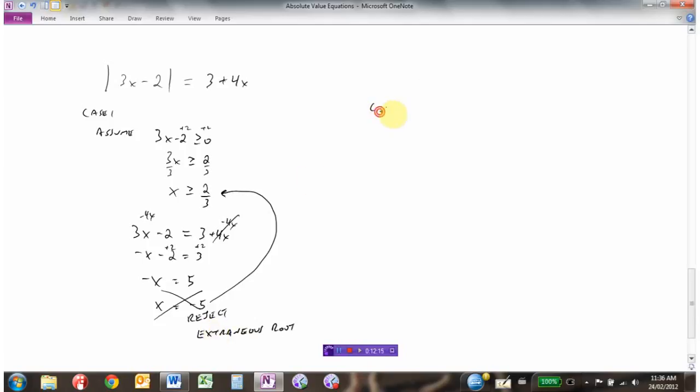Let's look at a second case here. Now we're going to assume that what was in the absolute value sign, 3x minus 2, is less than 0. So we will add 2 to both sides of our inequality and divide by 3. Now we're talking about x values that are less than 2/3. Since these are negative numbers, we need to multiply them by minus 1 to make them positive.